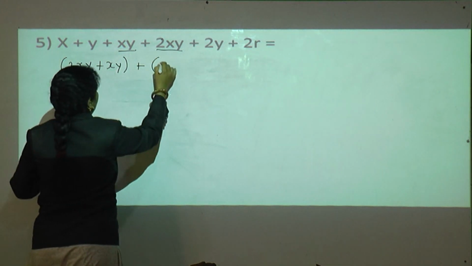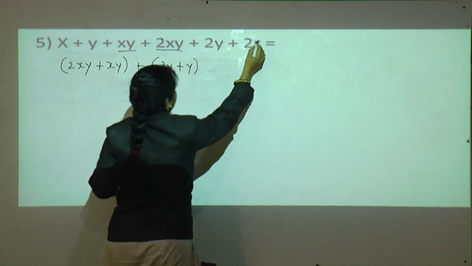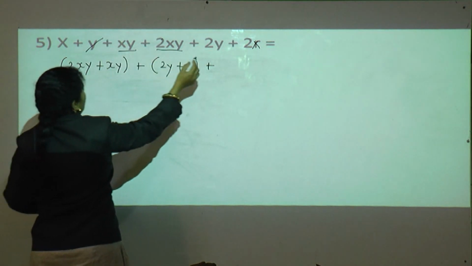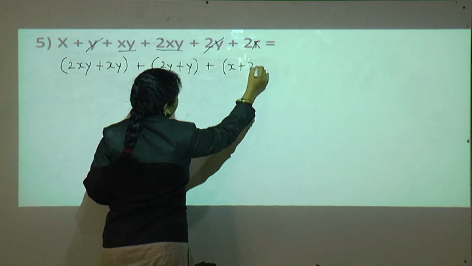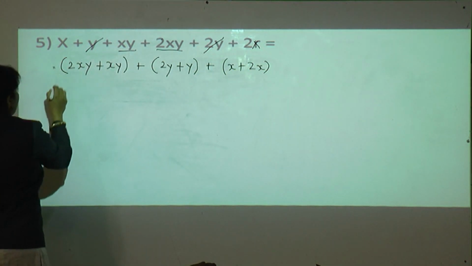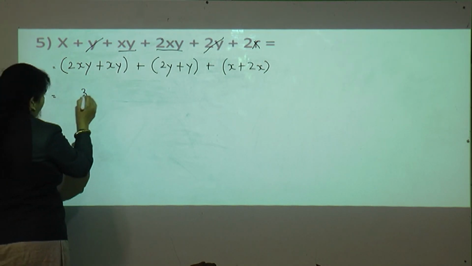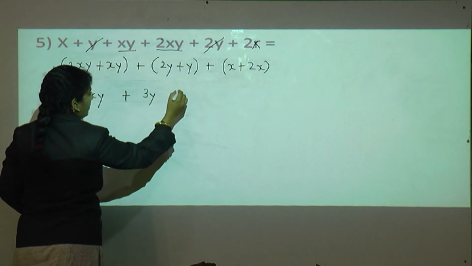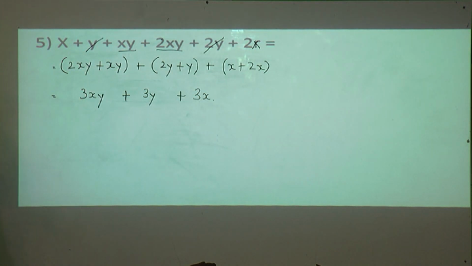Here 2y and y. Again here is x, I have taken r by mistake. Now this one is also I have taken. Now x plus 2x, x plus 2x. So now solve it. 2xy plus xy, 3xy, and here also 3y, and here also 3x. Understood all of you how to solve?